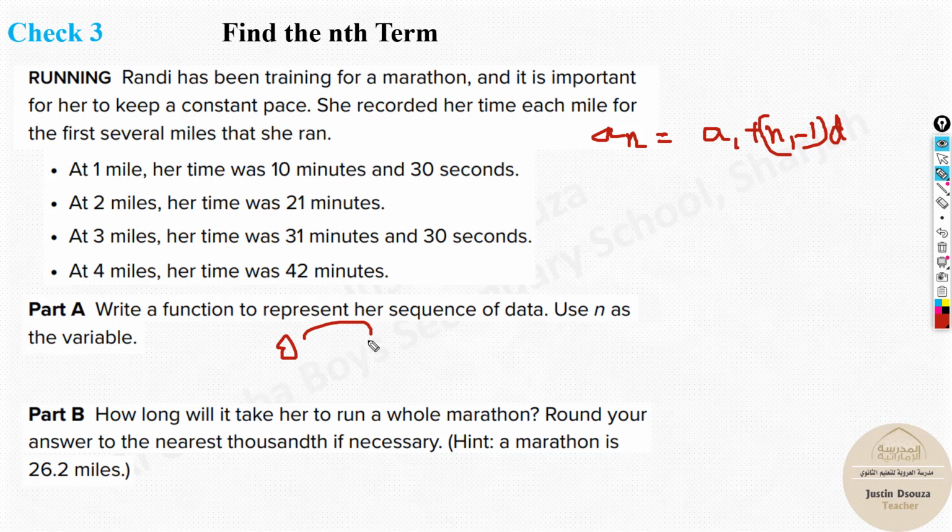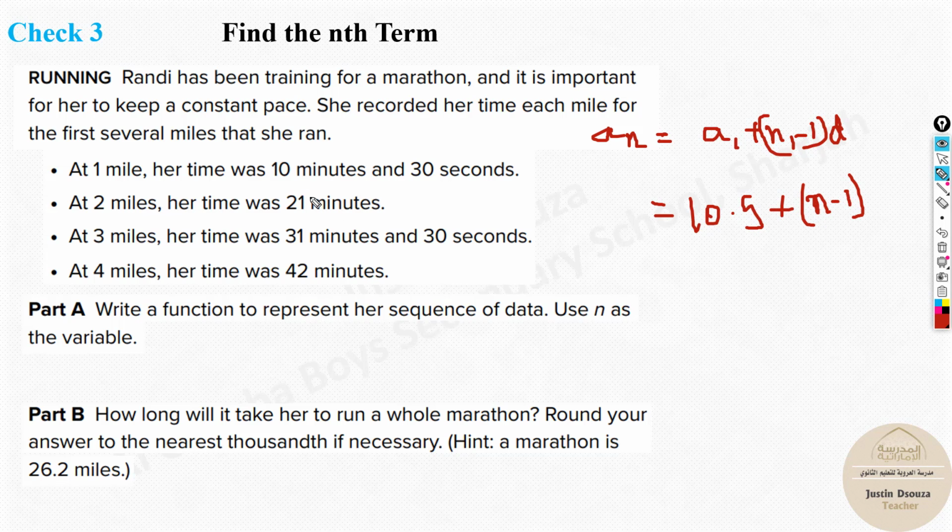The first mile was 10.5. So this is a_1. Whenever it's a real world problem, you need to find where the 1 is and consider that as a_1. So here 10.5 is a_1, because it's 10 minutes 30 seconds, plus (n minus 1).